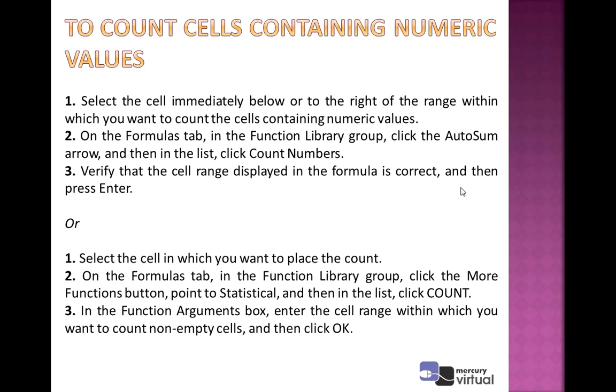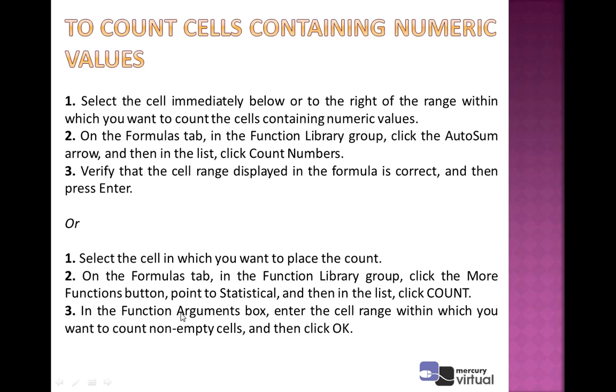Or there are multiple steps available. First, select the cell in which you want to place the count. Second, go to the Formula tab, go to the Function Library group, click the More Functions button, point to Statistical, and then in the list click on the COUNT function.